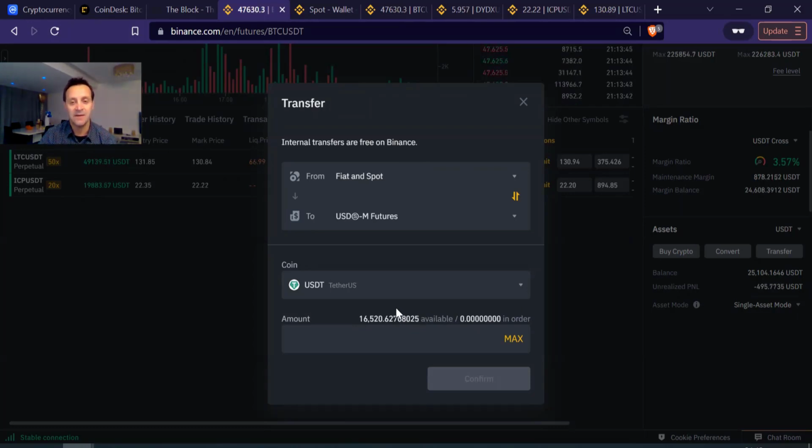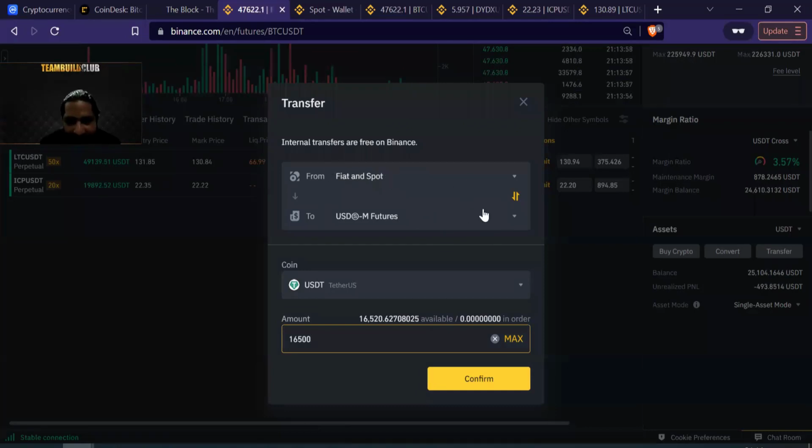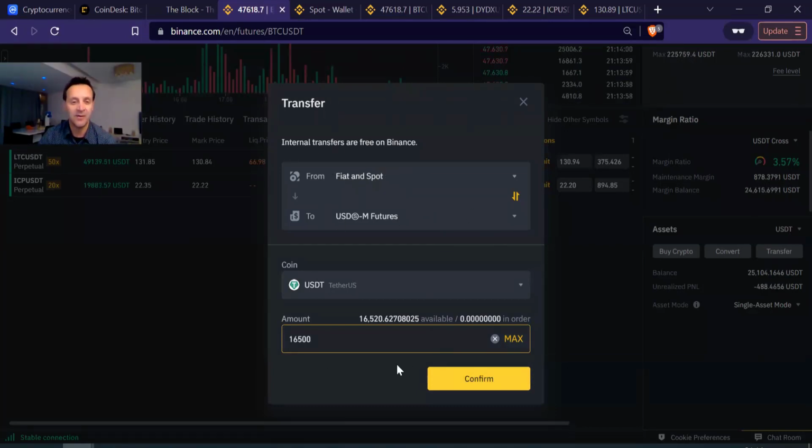So let's say I will transfer all this 16,500 from spot to futures, to this wallet here. Okay, don't look at me playing with numbers. This is what I do. It's all right. You can do it with $500, $300, $100, $1,000, anything you want. I just like to show you real trading here.